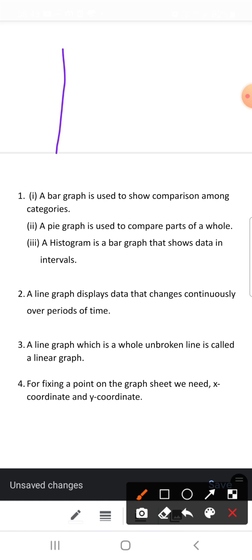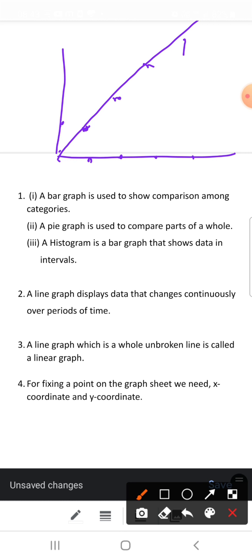Means if you are making a line graph and the data gives us that point at a particular time, and at another time that, then this, then this, you will get a straight line here. So this kind of graph is called a linear graph.